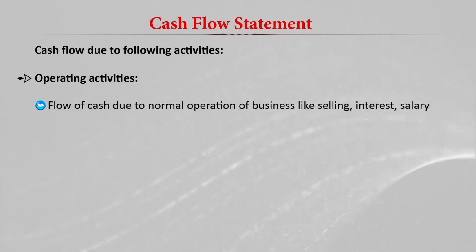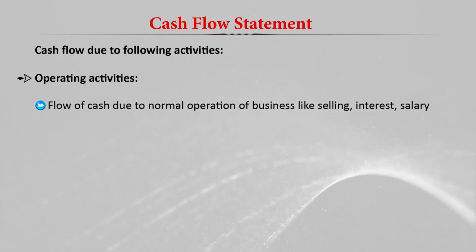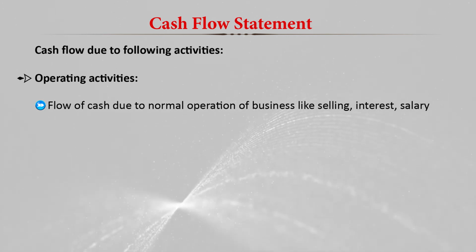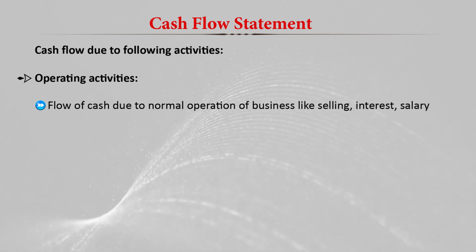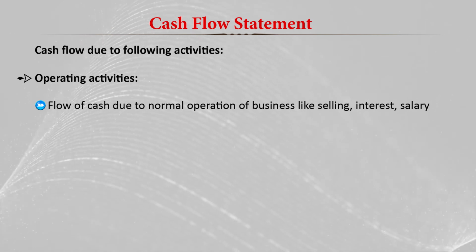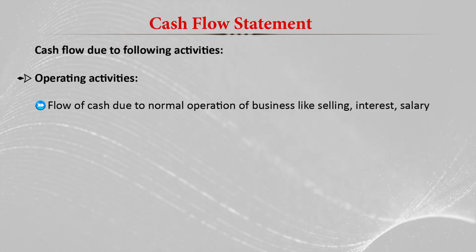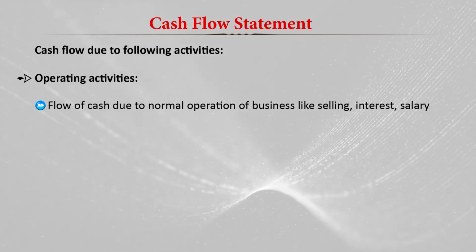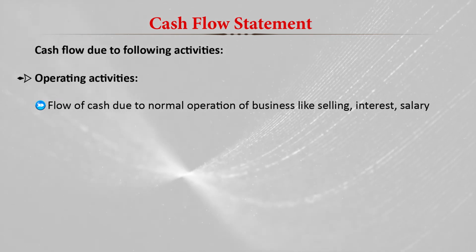Then tax payment, like income tax payment to the government, or the rent we are paying if we are hiring some building, or if we are giving some building on rent to others. So rent income or rent expenses can also be included in the cash flow statement. That is basically operating activity.